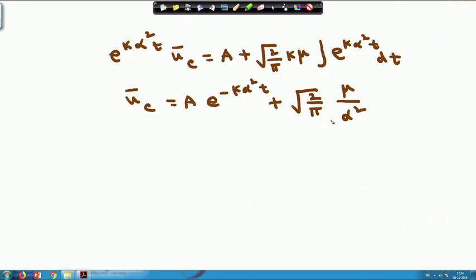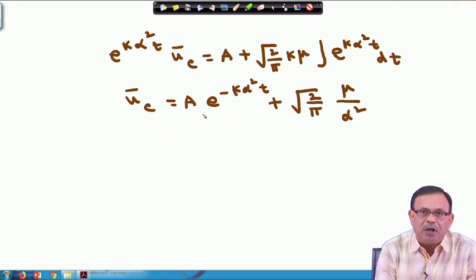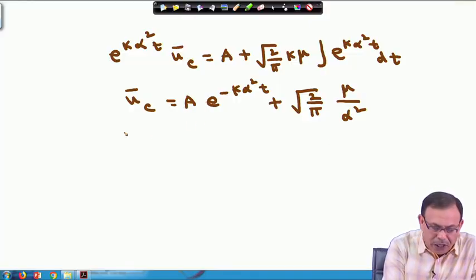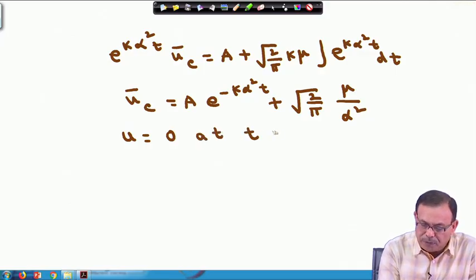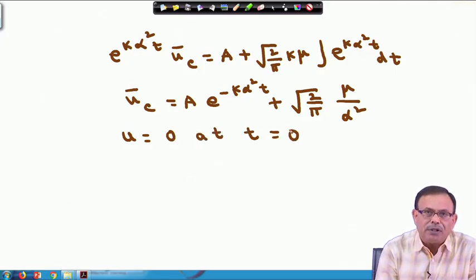So, now what is there? Basically I obtained u bar c. Now, I have to find out the value of the constant of integration A. I know this thing, u equals 0, from the given conditions. If you see the given conditions, it is known to us that u equals 0 at t equals 0.